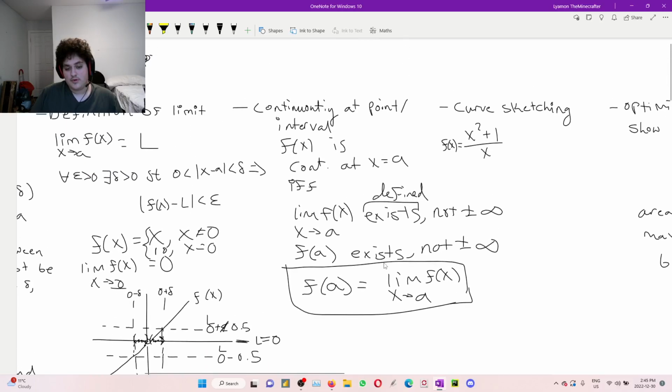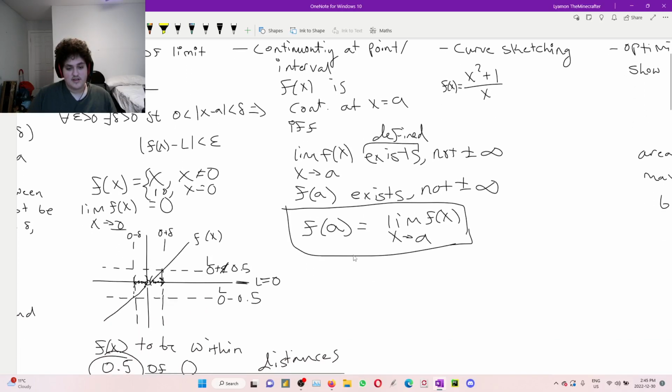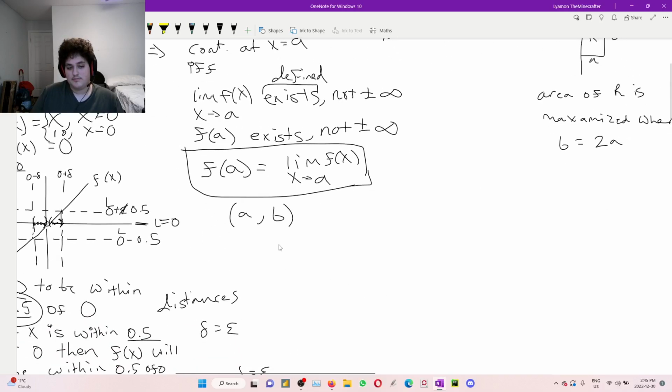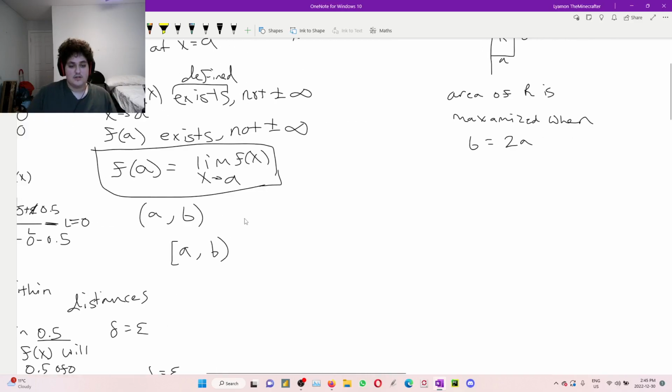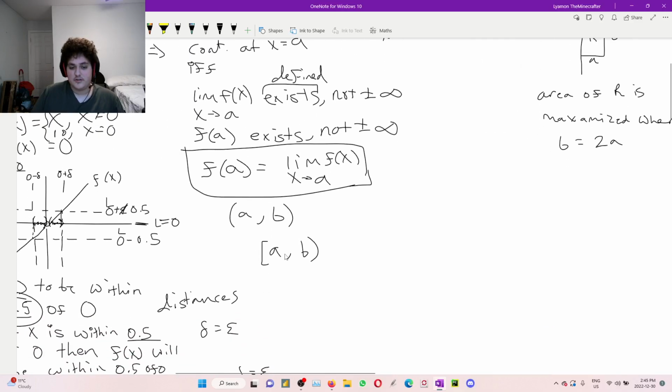And also, if it's for all real numbers, or a domain that's like an open interval, then this is fine too. But the only place where you have problems is maybe you have a domain that's like this, where either this end is closed, or both are closed. So when you have closed intervals, you have to deal with side limits.